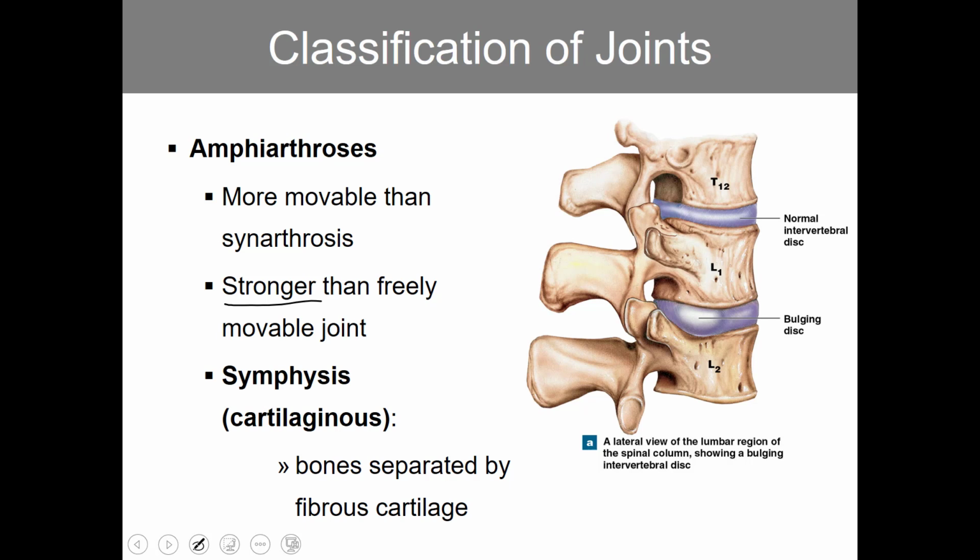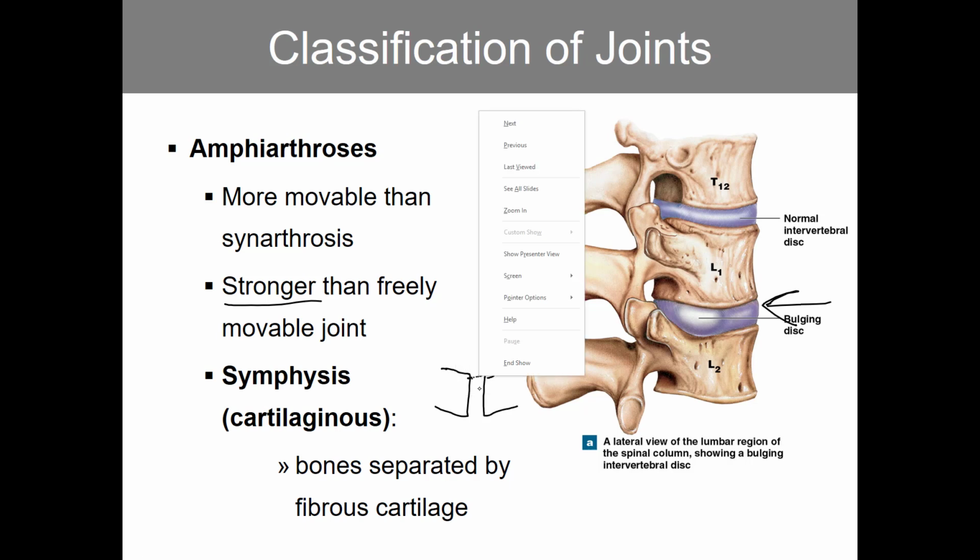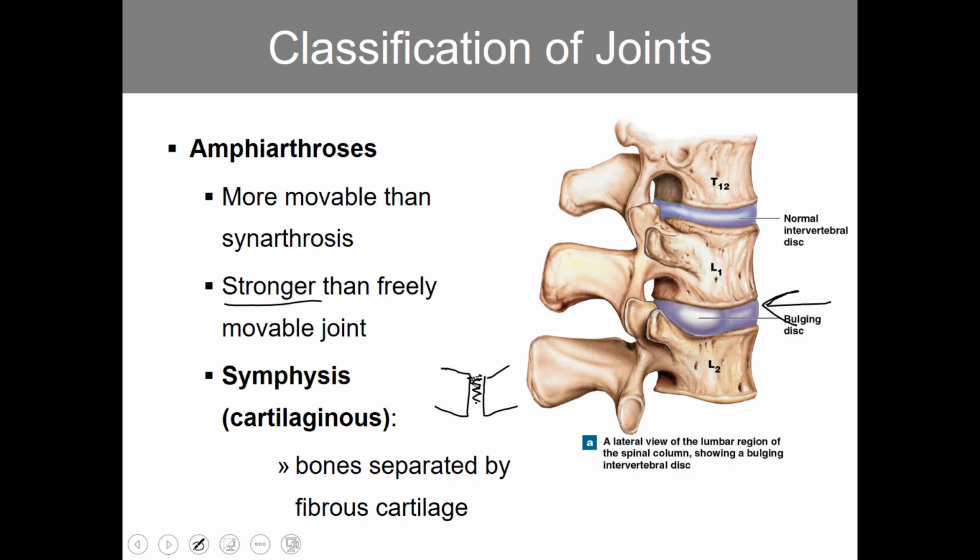If you consider the intervertebral discs between the bodies of the vertebrae, these are amphiarthrotic joints. I don't have an image, but if you consider the pubic symphysis between the two pubic bones of the coxa anteriorly, these are amphiarthrotic joints as well. So, slight movement.